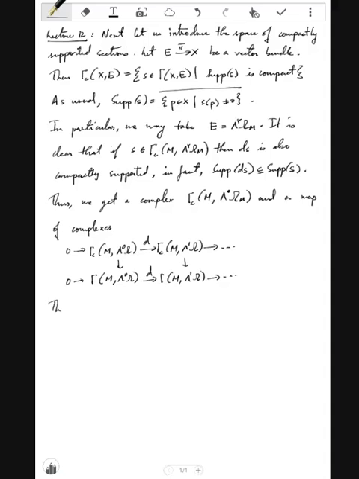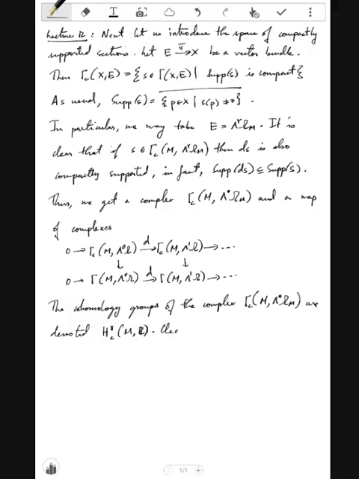So the cohomology groups of the complex are denoted by H sub C M, and these groups are called the compactly supported cohomology groups.